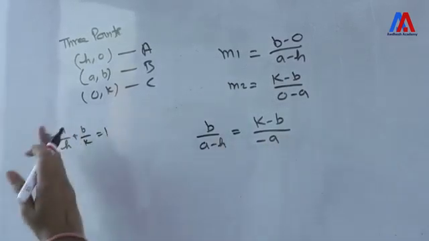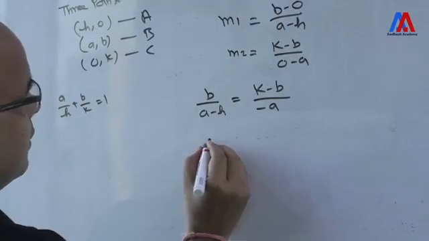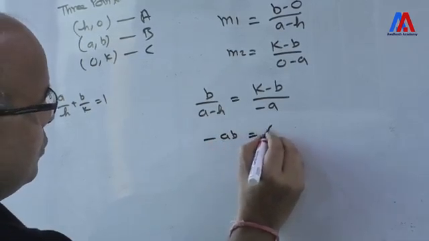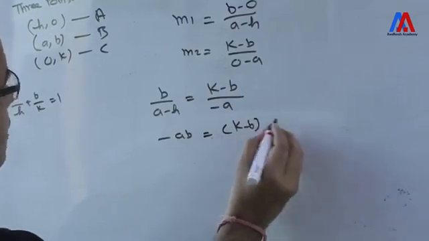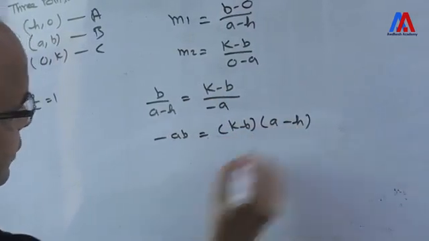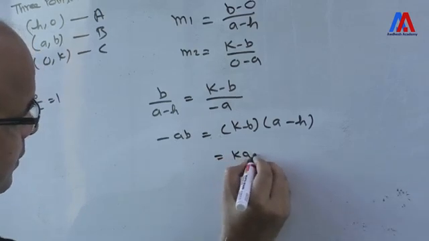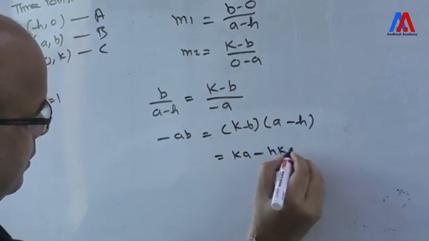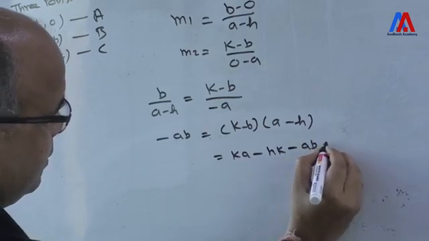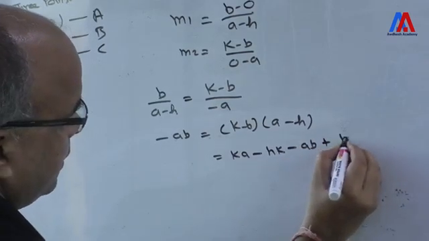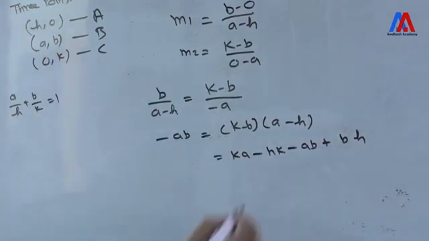Now let us cross multiply this. So from here we get minus ab is equal to (k minus b) times (a minus h). Let us open this. It becomes ka minus hk minus ab, and then we get plus bh. Minus ab on this side.